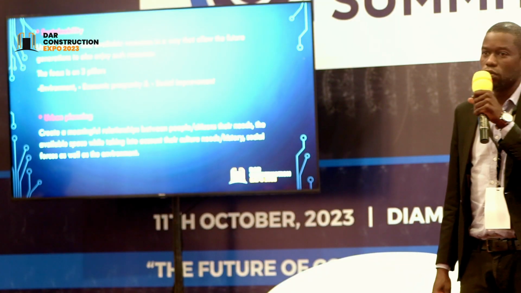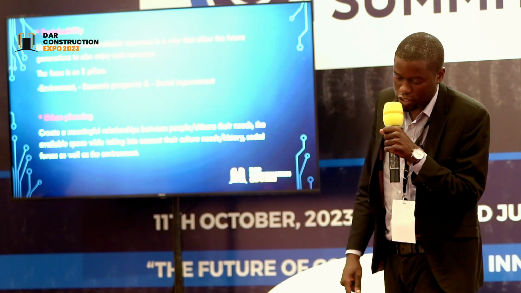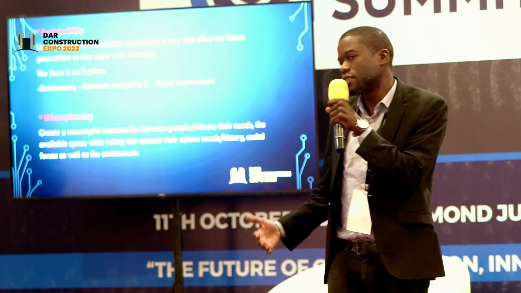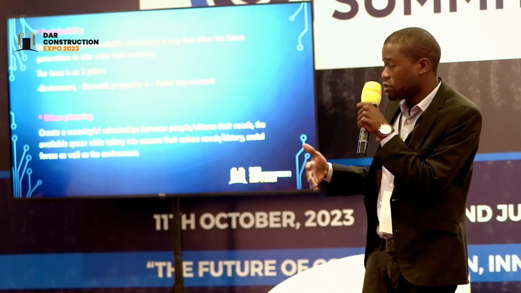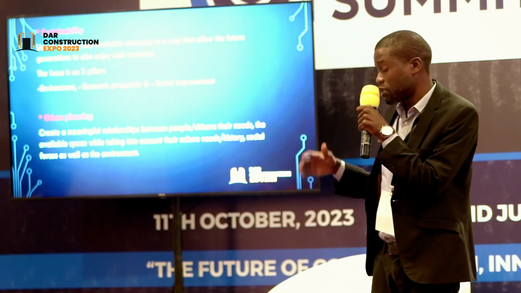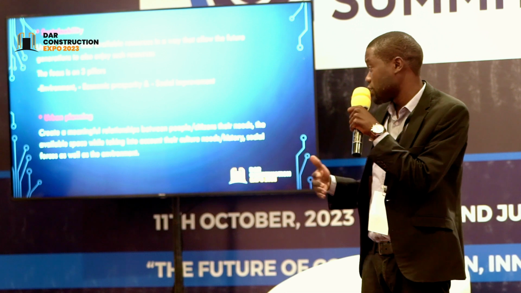In social improvement, we take into account things like gender inclusion and disability inclusion. These should not be left behind because they are very important to move society as a whole forward, in particular with regard to smart city planning and sustainability.